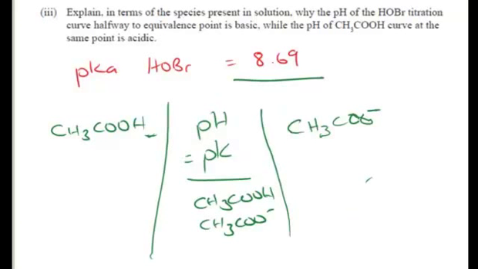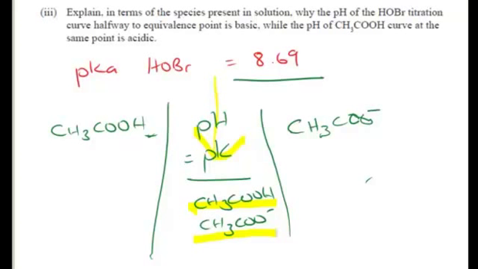Now to try and simplify this, when pH equals pKa, at this point here we have equal concentrations. That doesn't necessarily mean the pH is 7. In this case, if the pH is acidic, what that tells you is that the ethanoic acid must be a stronger acid, it must dissociate more, it must produce more H3O plus ions.